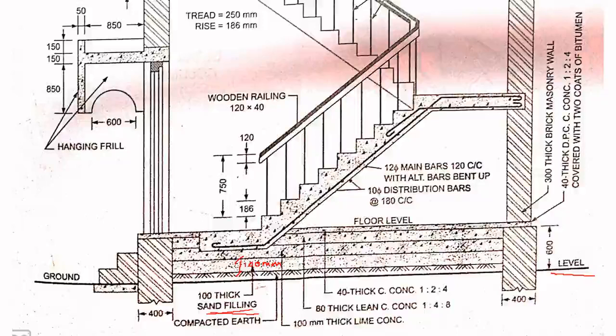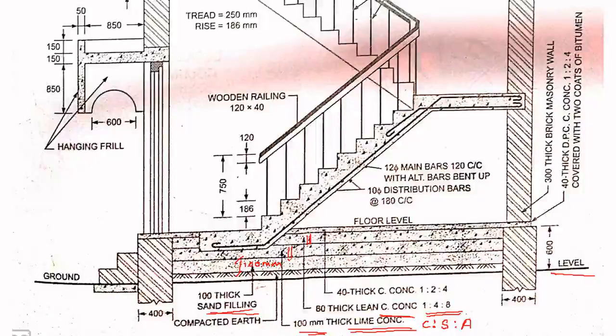Now above this sand filling, you have 100 mm thick lime concrete. Above that you have 80 mm thick lean concrete of 1:4:8. See, 1:4:8 means 1 cement, 4 sand and 8 aggregate.